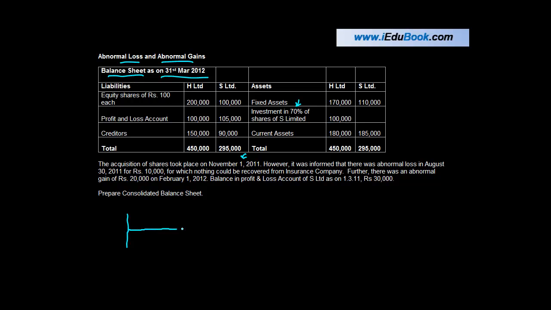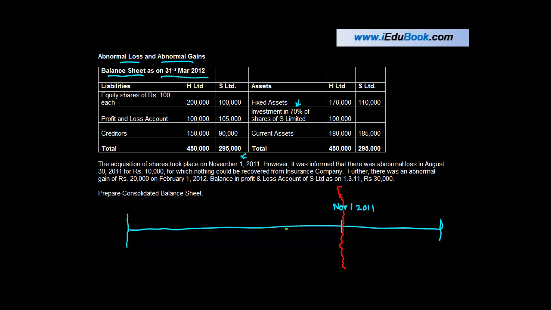So let's do the most important part first. Let's see the chain of events that happened. The acquisition happened on November 1, 2011. As I told you, I'll just mark this date as red. However, it was informed that there was an abnormal loss on August 30, 2011.